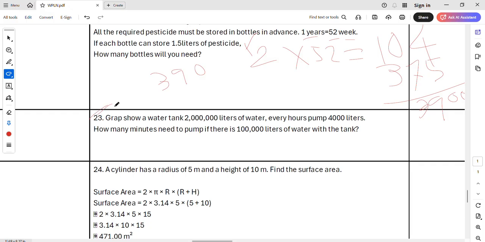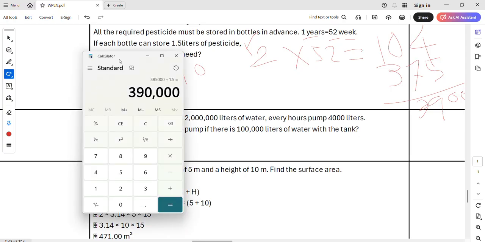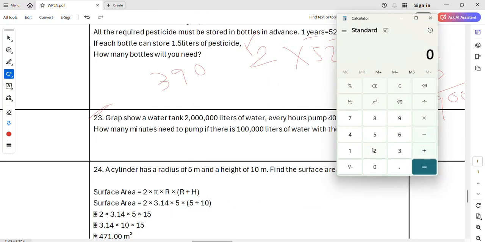Then the next question. The graph shows a water tank of 200,000 liters, and every hour the pump moves 4,000 liters. How many minutes are needed to pump if there are 100,000 liters of water in the tank?